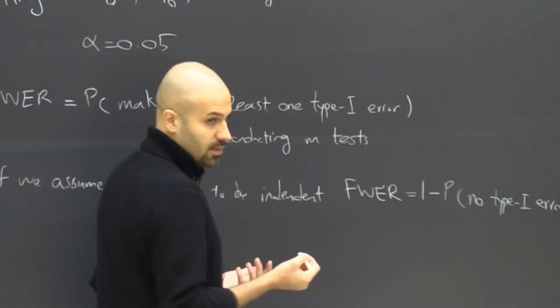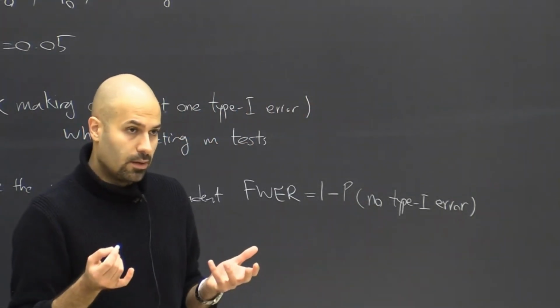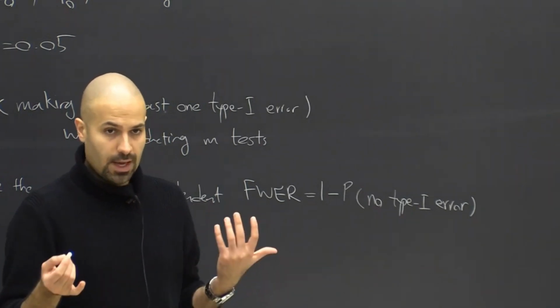So for each test, probability of making a type 1 error is alpha, probability of not making a type 1 error is 1 minus alpha.